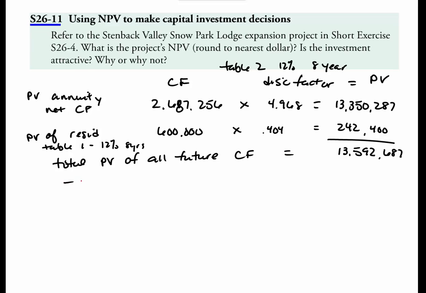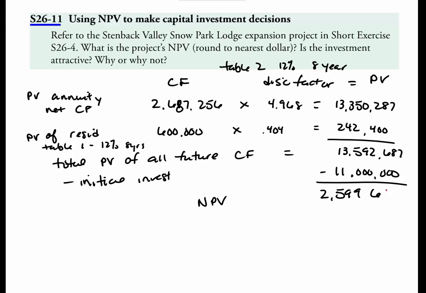Okay, subtract off that initial investment. In order to create this positive cash flow, I had to spend $11 million. So that gives me the net present value of this project is $2,592,687.